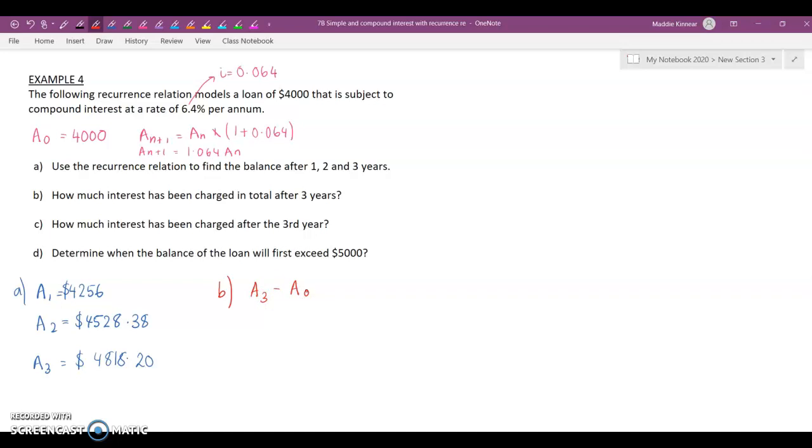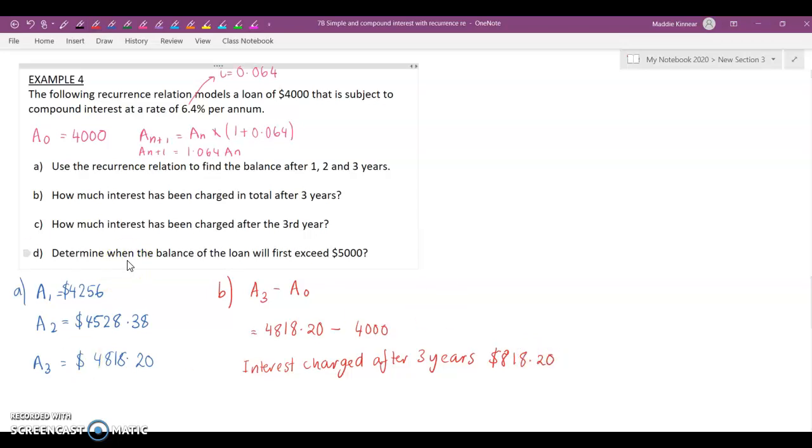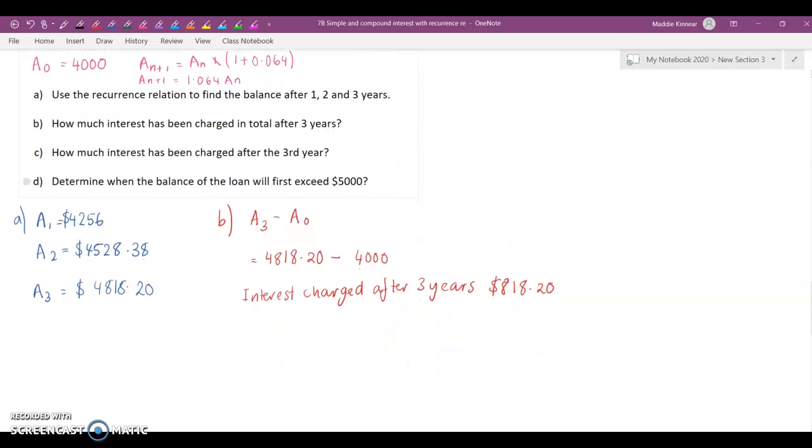So this is $4,818.20 minus our principal of $4,000, which means the interest charged after 3 years is equal to $818.20.